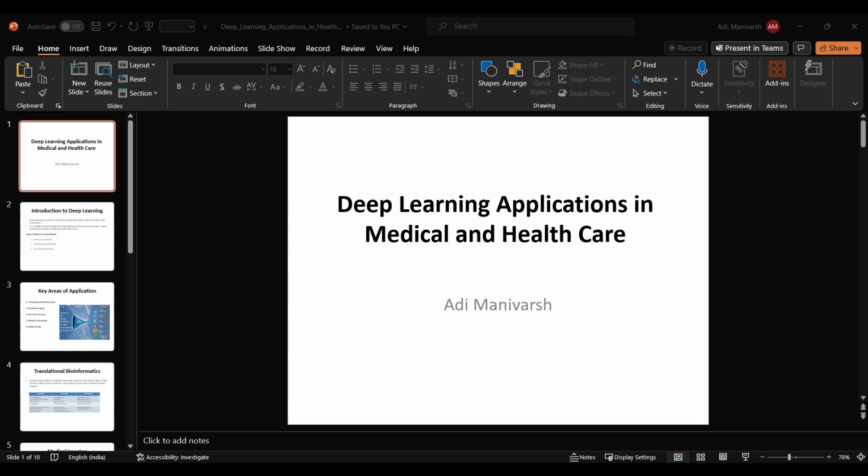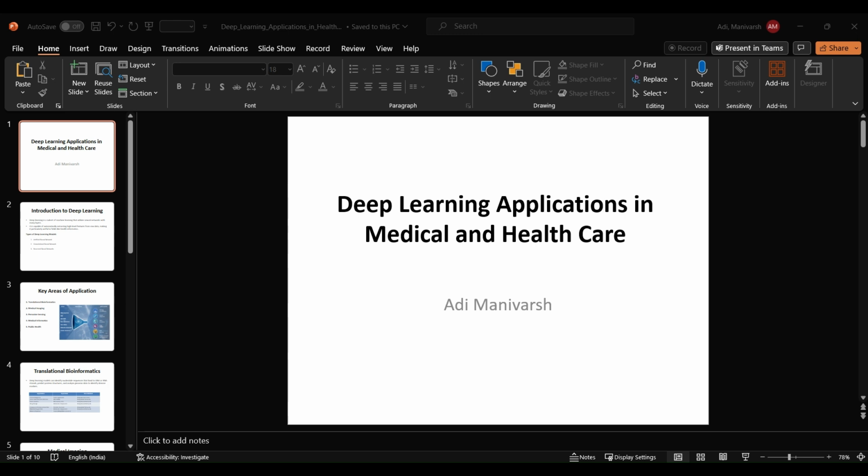And medical imaging is one of the biggest subdomains in healthcare where deep learning is mostly used. For example, any scans, CT scans, or X-ray images, to diagnose whether there is a specific disease or a specific tumor, or whether there is any failure in the organs of the body.